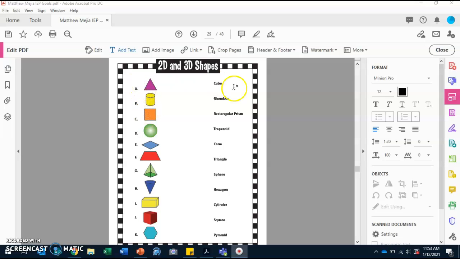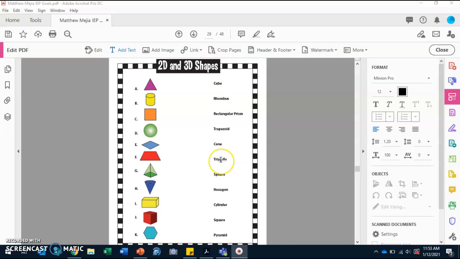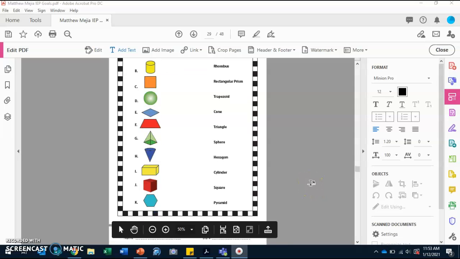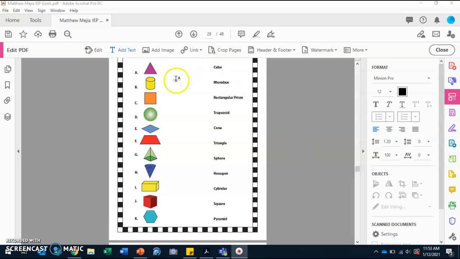So you have your shapes over here: cube, a rhombus, a triangular prism, a trapezoid, a cone, a triangle, a sphere, a hexagon, a cylinder, a square, and a pyramid. So just based on the shapes you have here on the side, you are just going to identify them.